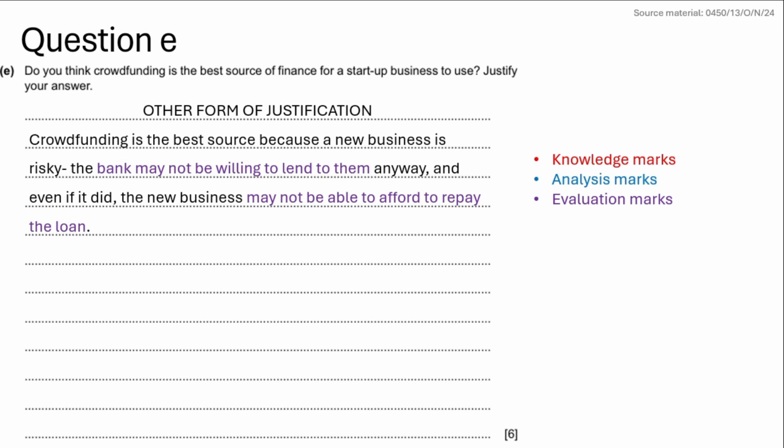Remember, bank loans was an alternative method, so it would oppose the question. You reject this opposition and say that in fact crowdfunding is better because this alternative method may not work. And even if it did, the new business may not be able to afford to repay the loan. That is another issue of taking loans as a small business.